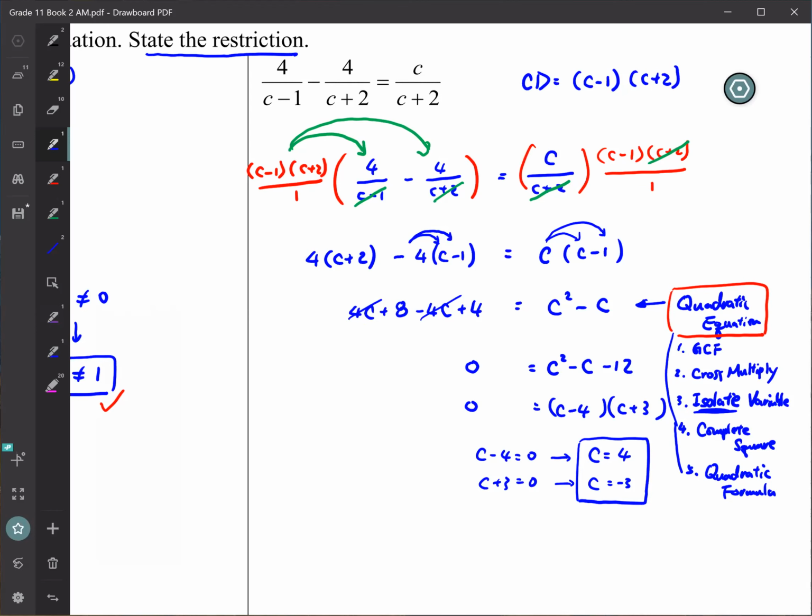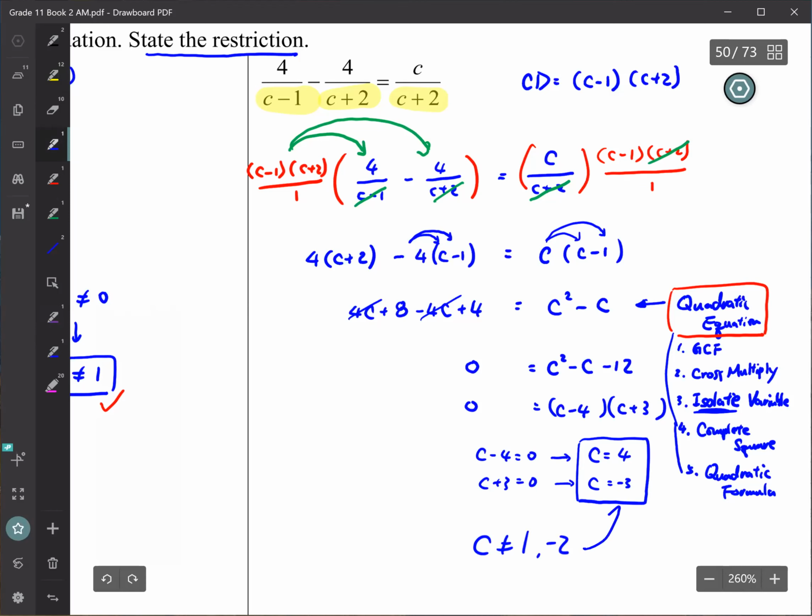We need to find out what the restriction is. So Brendan, what is the restriction for this one? 1 and negative 2, yeah. Okay, so you look at the denominator. You have C minus 1, C plus 2. You want to make sure those cannot be 0, right? So C cannot be 1, cannot be negative 2.